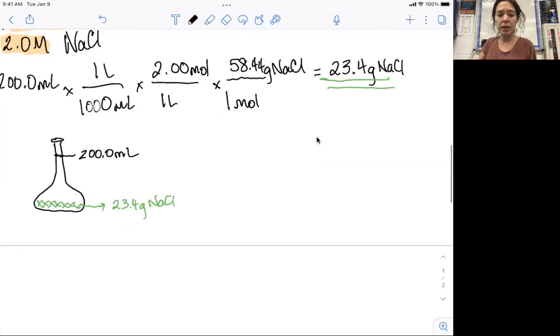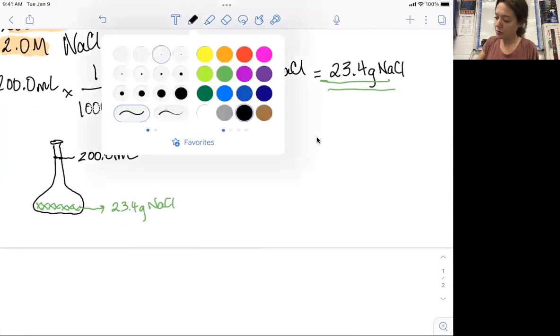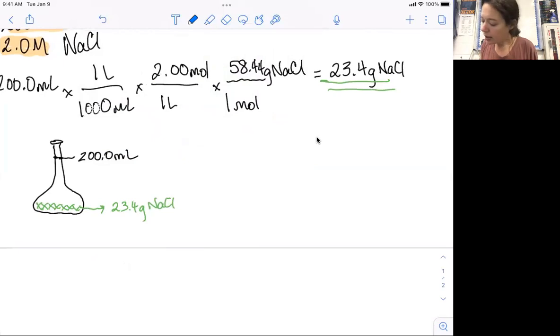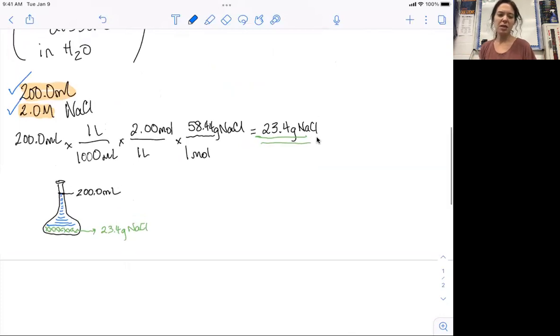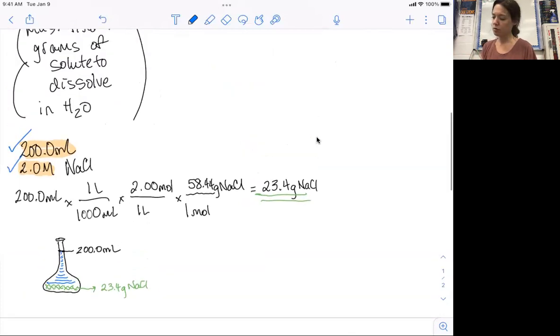Now, what do I need to add to make it a solution? I will add water until it reaches that 200 milliliter mark. I will then mix everything together, and I will have 200 milliliters of a 2.0 molar NaCl solution. So I had to get the mass of the salt to make that solution.